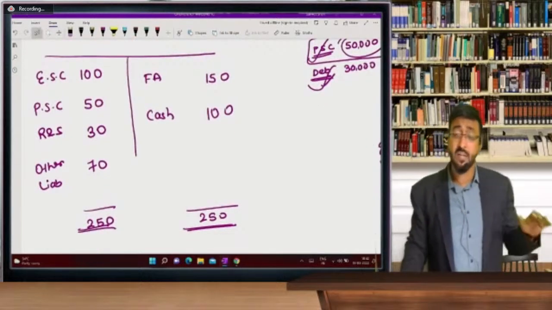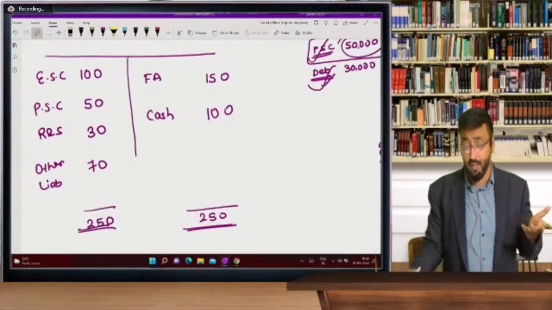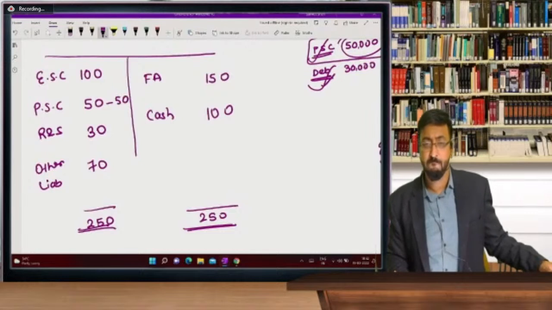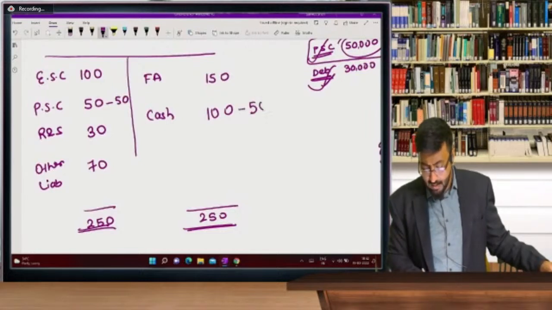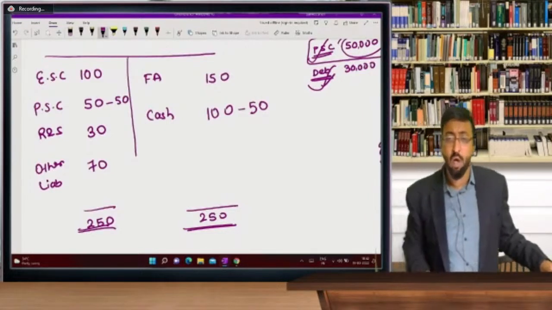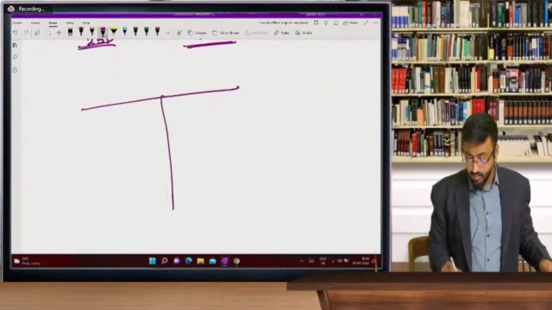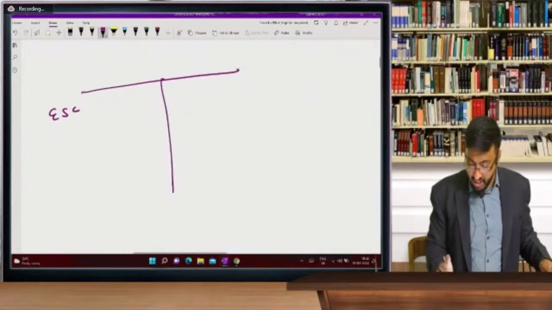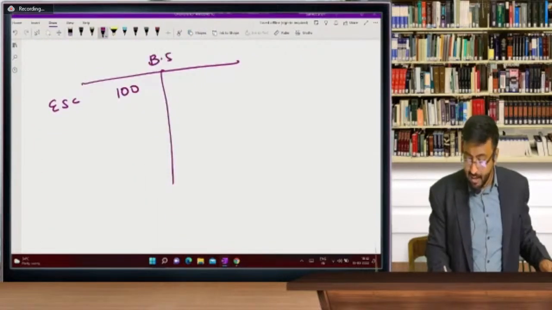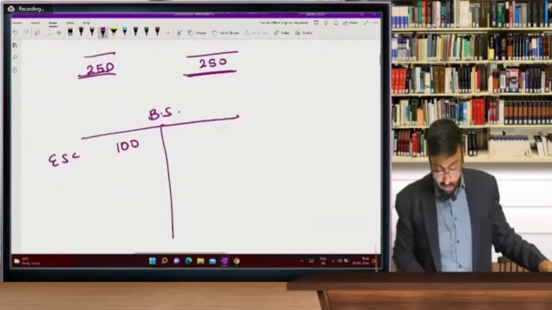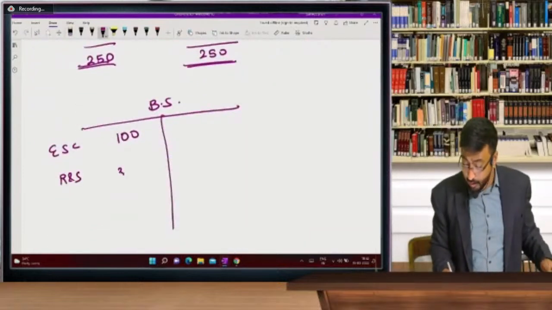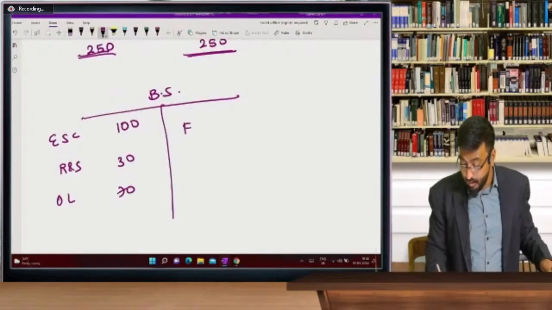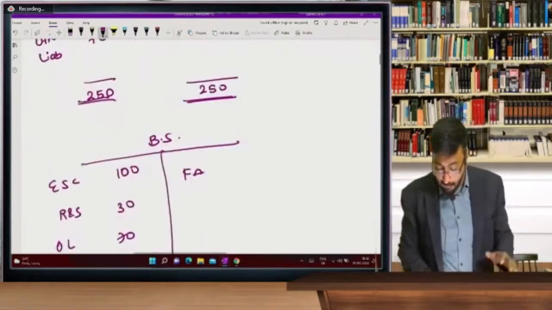Redemption means giving back the preference share capital. So we will deduct 50 from this, and we will deduct cash balance of 50 rupees. So our balance sheet will tally. Now I will write equity share capital, there is no change, 100 rupees. Reserves and surplus will be as it is, 30 rupees. Other liabilities will be as it is, 70. My fixed assets will be as it is, 150.